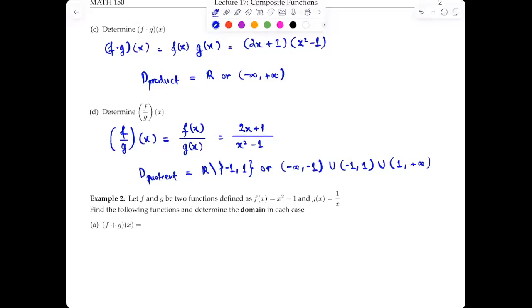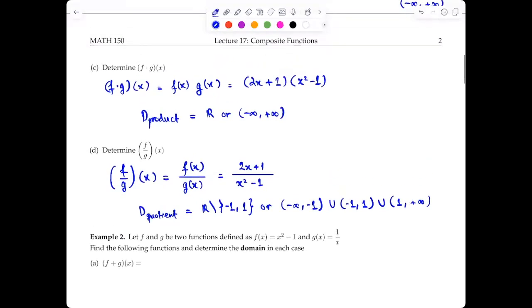Good. Any questions? Why do you not foil? That's a good question. To be honest, the idea here is that given two functions, we can do addition, subtraction, multiplication, division.